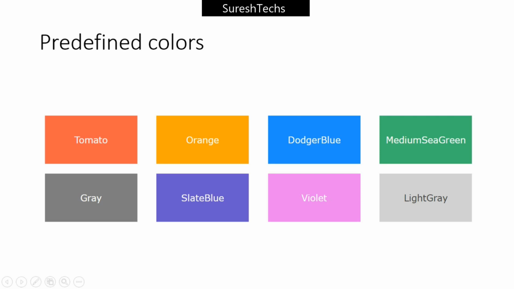Now there are not just 10 values available, there are 140 colors available, which will be displayed here. Let me just click here. Cannot locate internet server, so some issue is there. You guys just look at this. You just type this in the browser and see the different colors available in HTML.